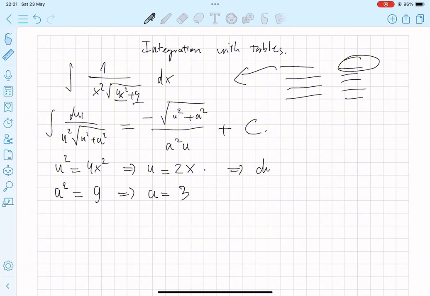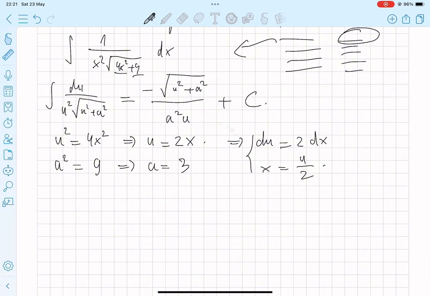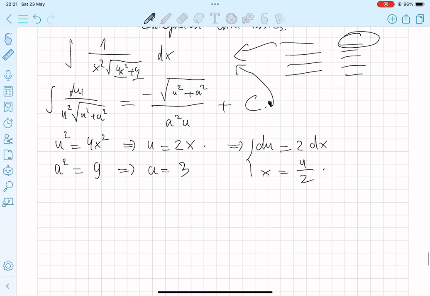From u equals 2x you can find du, and du equals 2 multiplied by dx. And also x equals u over 2. So you have many things set up here and are ready to evaluate the integral. Now let's do it.